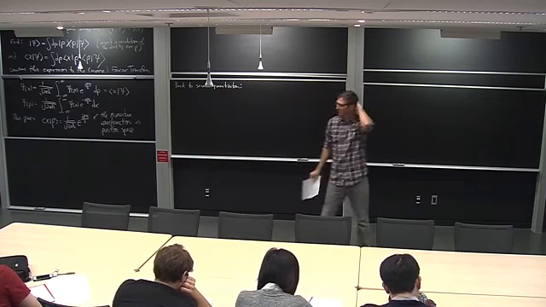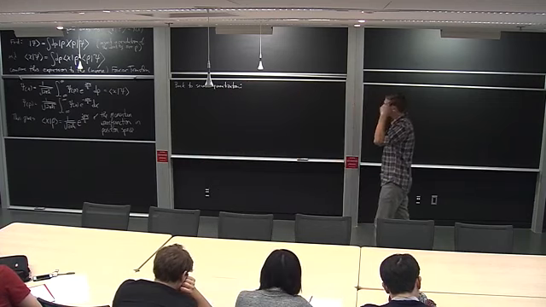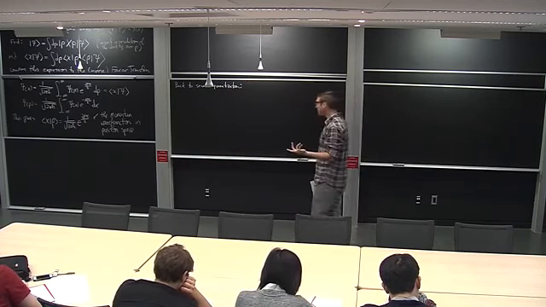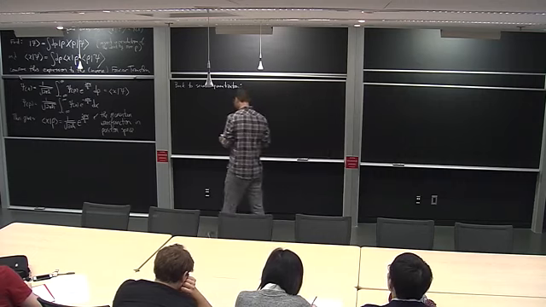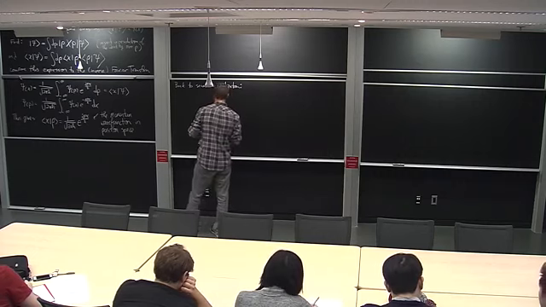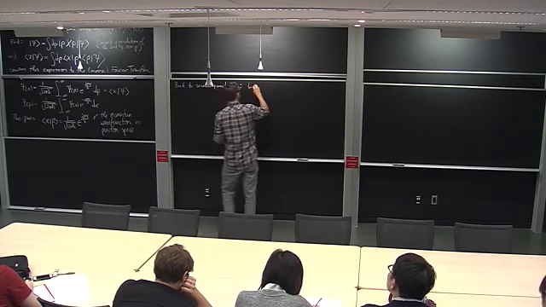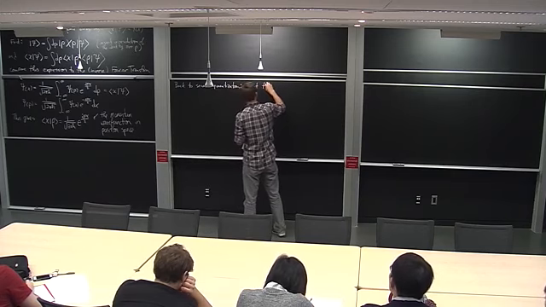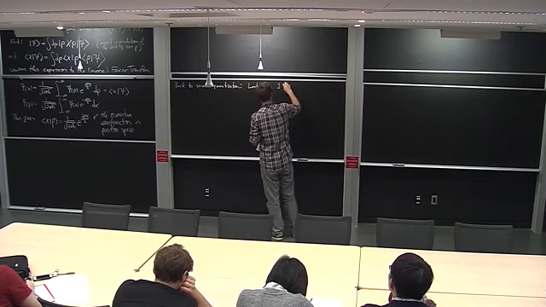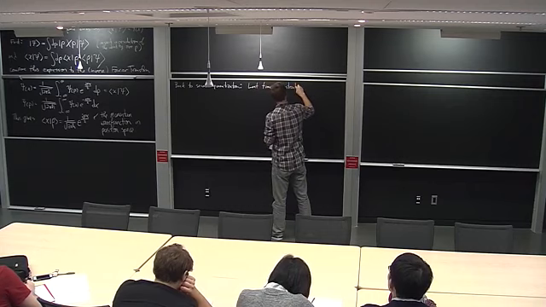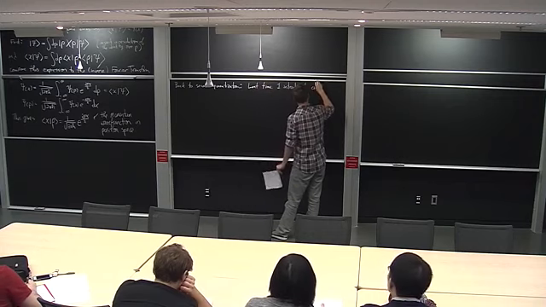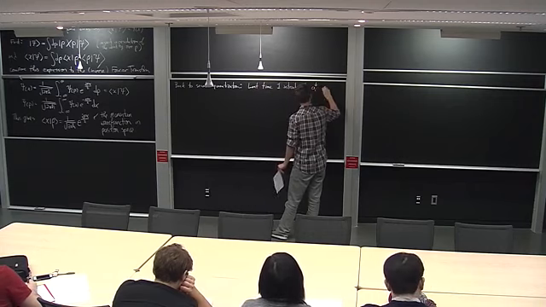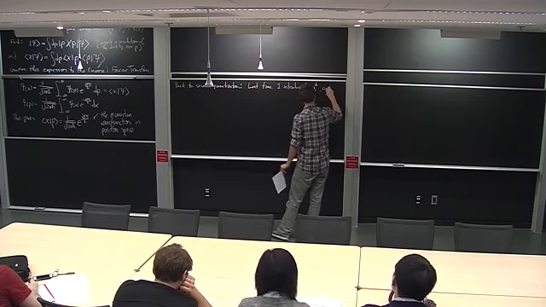Last class, I introduced the raising and lowering, or the creation and annihilation operators for second quantization. So I call them a dagger i, and a i.